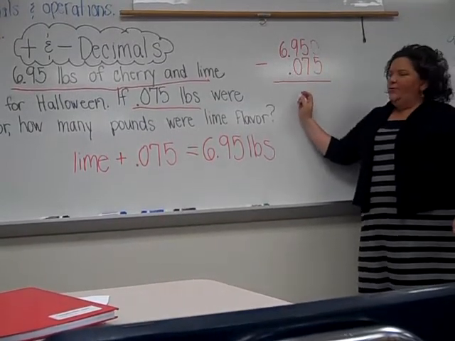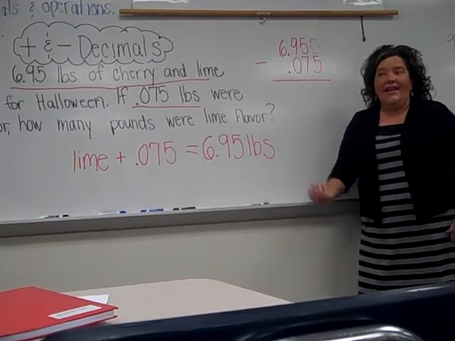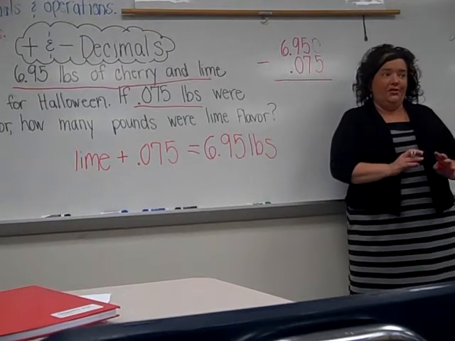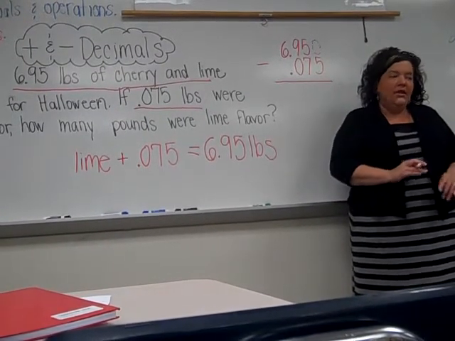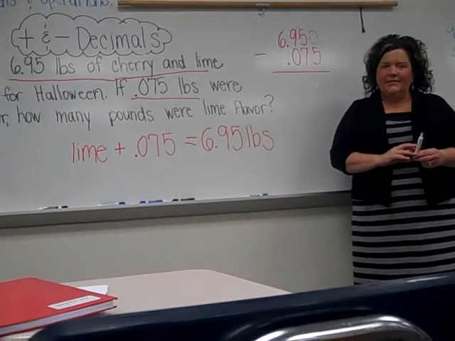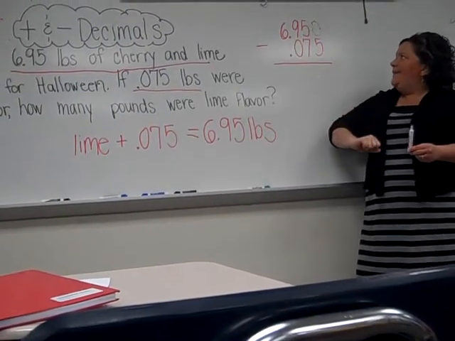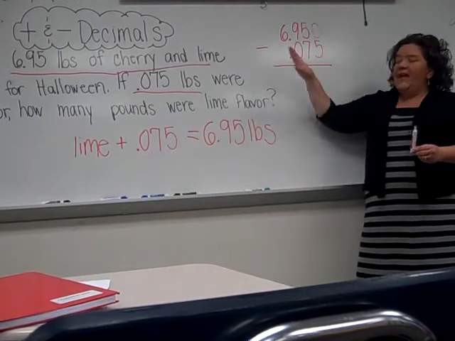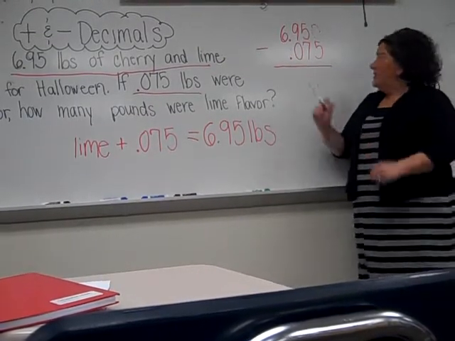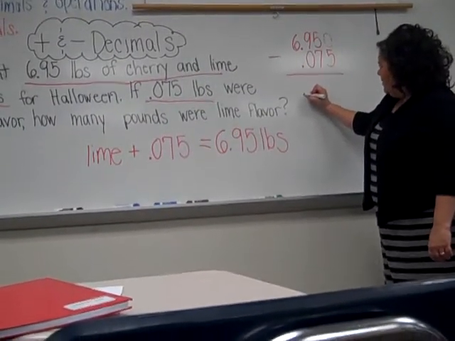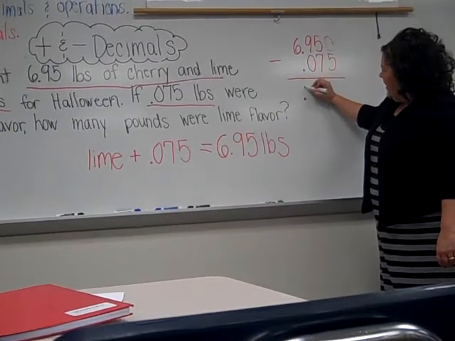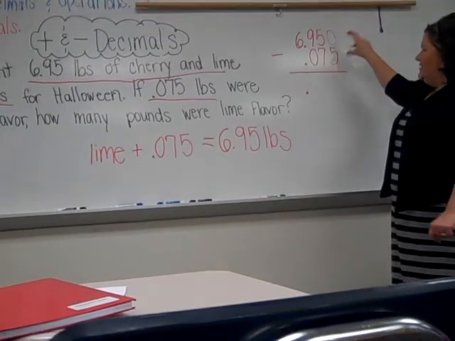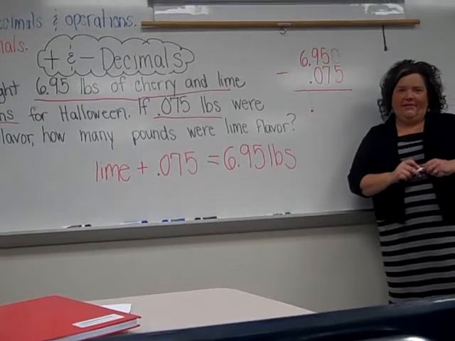Now we have our decimal points lined up, children, and in the answer, that's exactly where you put your decimal point as well. So as you're trying to find the difference between 6 and 95 hundredths and 75 thousandths, simply put your decimal point right in line with the ones listed above it.